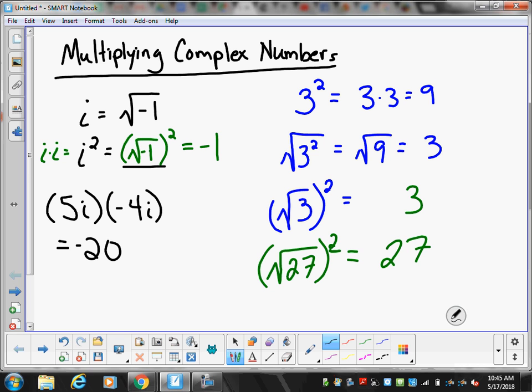But then it's i times i, which is i to the second power. What did we just go over up here? i to the second power is equal to what? So this is equal to negative 20 times negative 1, which is a positive 20. So when you multiply the two i's together, you lose the i completely and it ends up changing the sign.